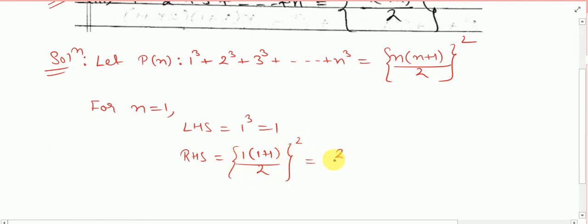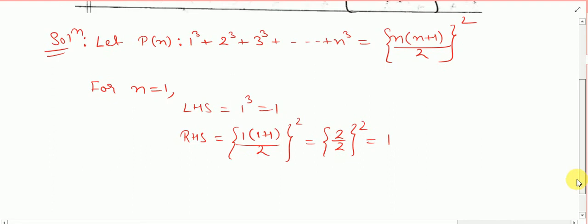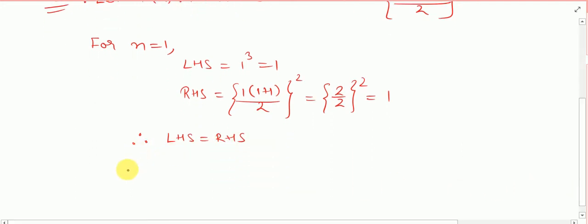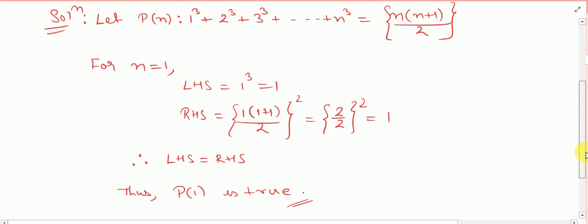So you get (2 upon 2) whole square is equal to 1. Therefore LHS is equal to RHS. Thus P(1) is true. So first part is done.